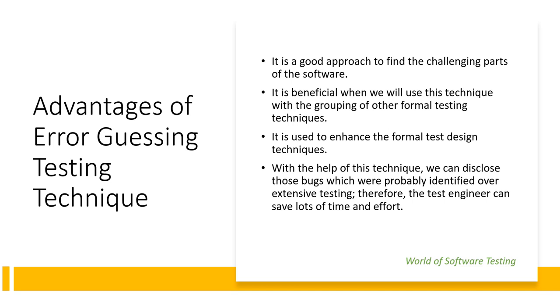We can find such areas with the help of error guessing. It is beneficial when we use this technique in combination with other formal testing techniques. It is used to enhance the formal test design techniques, and with its help we can disclose those bugs which would probably be identified only over extensive testing. Therefore the test engineer can save a lot of time and effort.